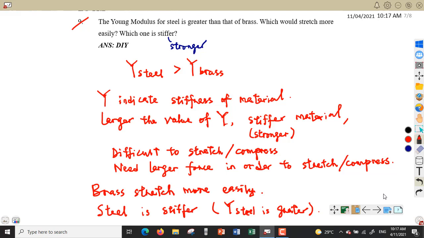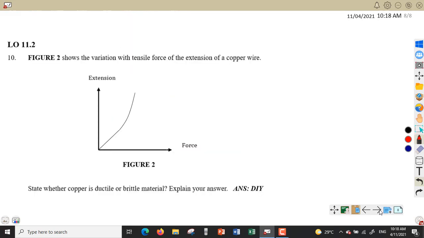So we might pause the video to note down the answer. Now we move on to question 10. Question 10, we have figure 2, which shows the variation of tensile force and the extension of a copper wire. You will find that for figure 2, extension is put on the y-axis and force on the x-axis.